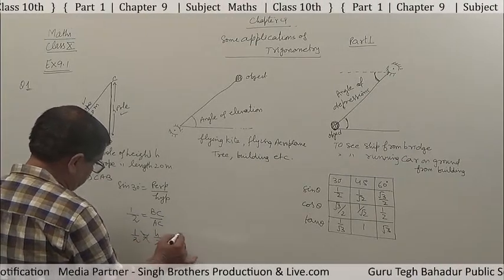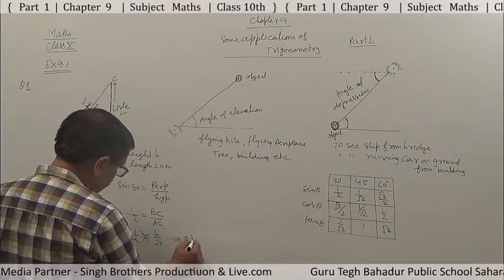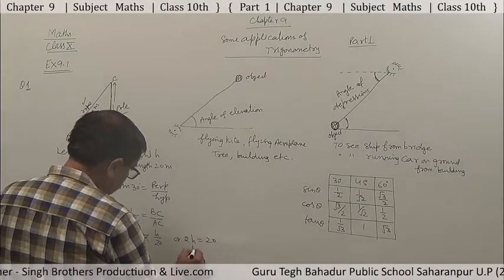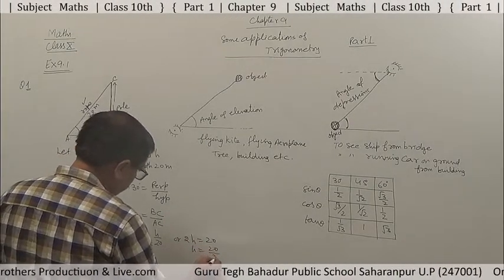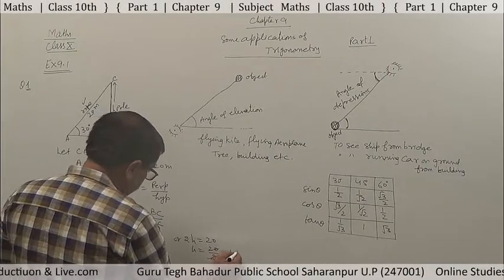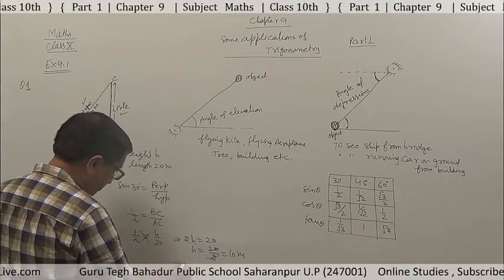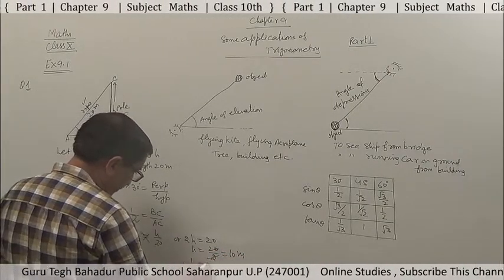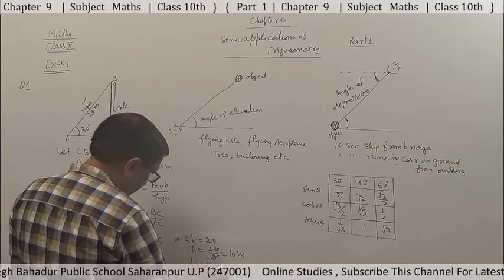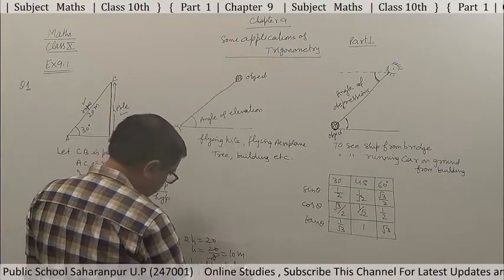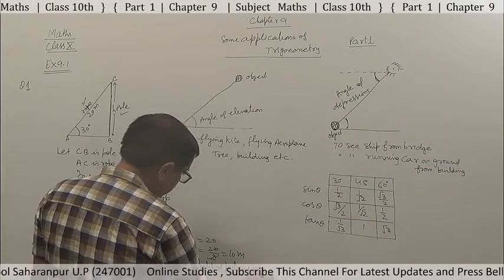Cross multiply, 2h is equal to 20, h is equal to 20/2, that is 10 meter. Therefore, height of pole is 10 meter.